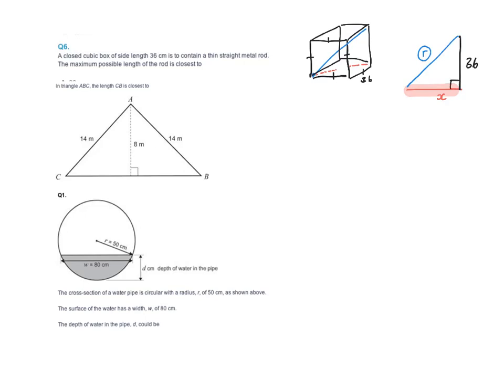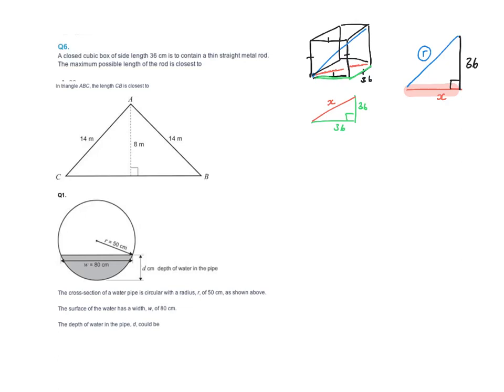Now, can you see down on the floor of the box, I can get another right angle triangle there, can't I? Those two sides are 36 because they're the length. And then I've got that red line running across the bottom, and that's X. Can you see this? Some people find this hard to see.